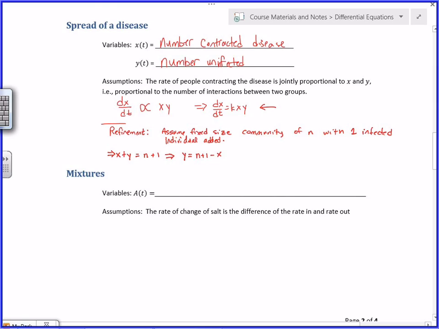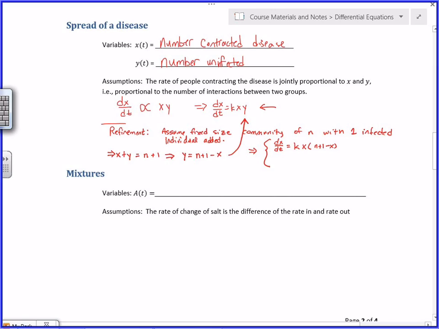Now, if that is the case, then I can just take that and substitute it up into that equation, which gives me actually a full initial value problem, because I have now dx/dt is equal to k times x times now y, which is n plus 1 minus x.